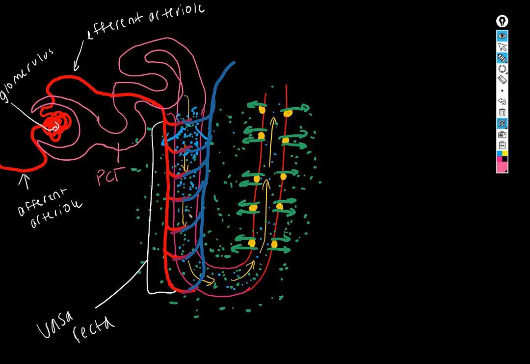So the reason that the yellow arrows are important is because, of course, as you're filtering filtrate out due to glomerular filtration, so remember there's that net filtration pressure difference that keeps filtrate being formed, you're always having flow of filtrate through the tube, which means that there's always fresh filtrate coming down, so that you're always taking water out of it because you're always having filtrate come up this way and pump sodium chloride out.